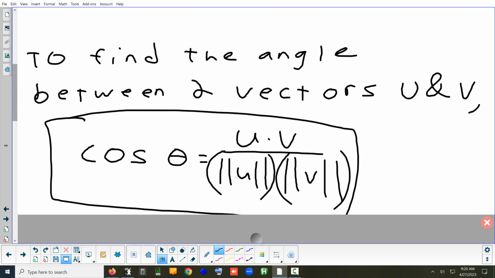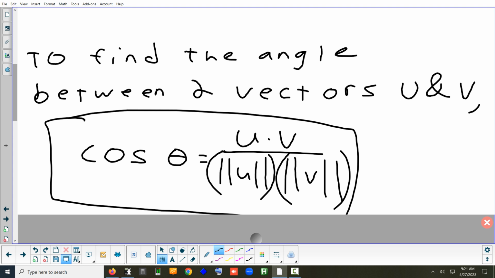This formula is basically doing the law of cosines for you to find the angle between two vectors. You need to find three things: the dot product between your two vectors, the length of your first vector, and the length of your second vector. Once you know those three things, put them in the formula, and you're going to end up doing inverse cosine, just like we did before.